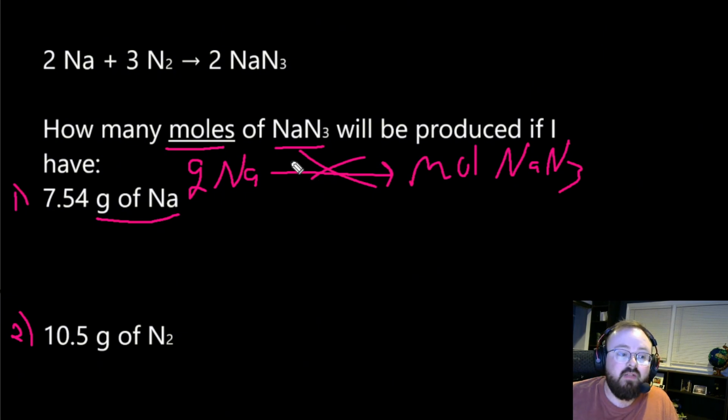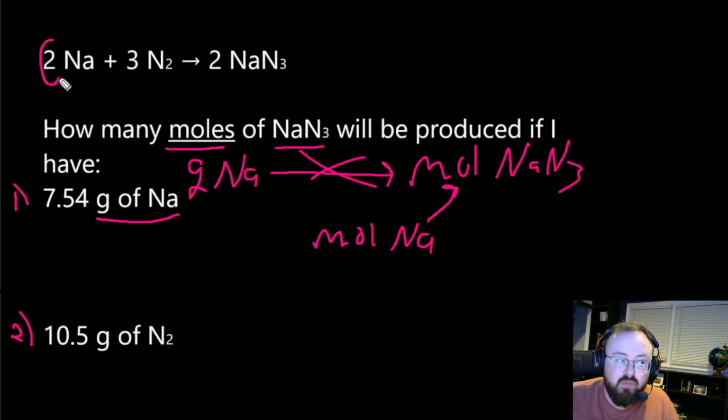As I spent a lot of time at the beginning of this video talking about, we can convert from moles of Na into moles of NaN3. That's what we use our coefficients for. So if I can go from moles of Na into moles of NaN3, I'm just missing one more step: grams of Na to moles of Na.